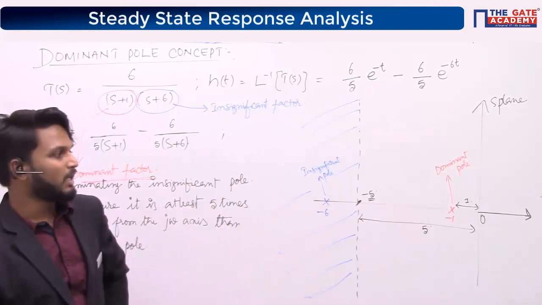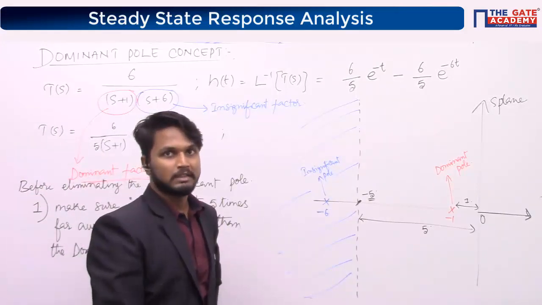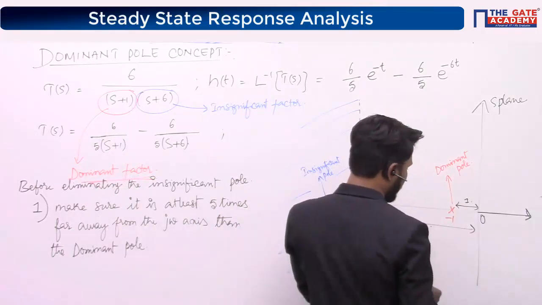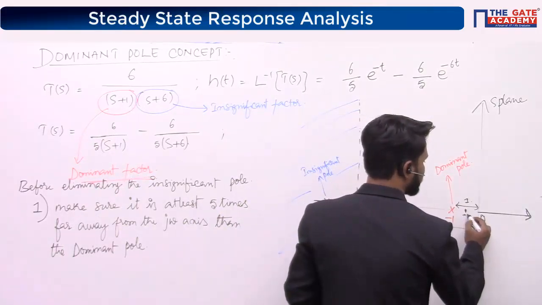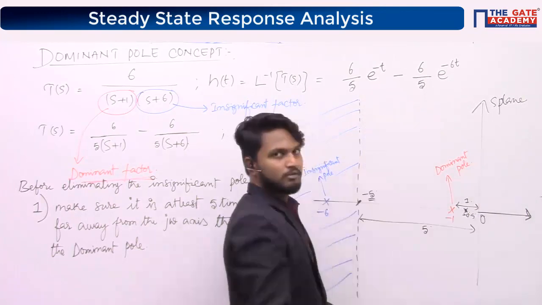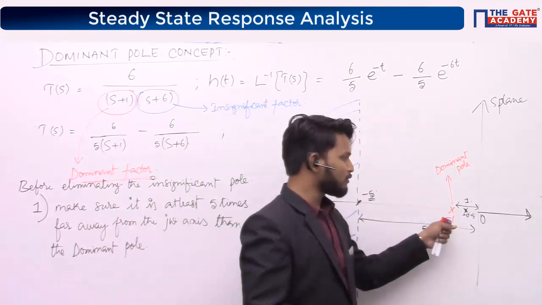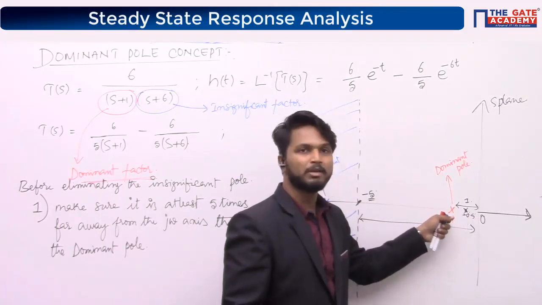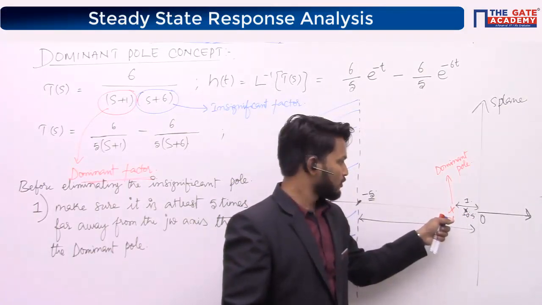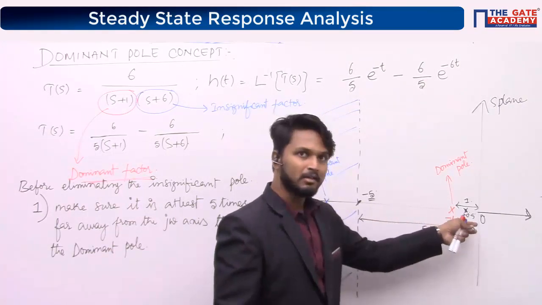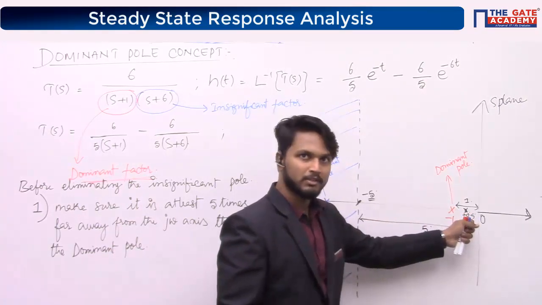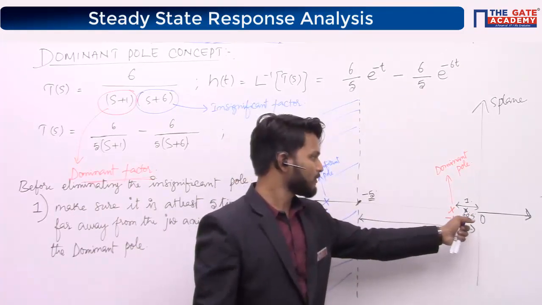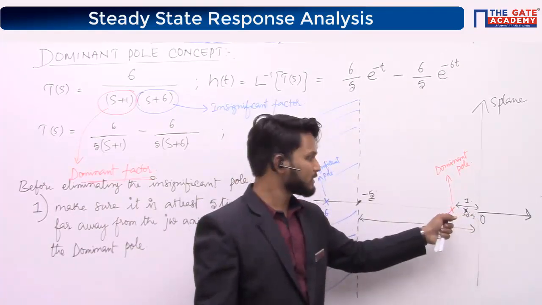If we have a pole at -0.5, let us say we have one more pole here at minus 0.5, like this. So -1 is not 5 times greater than -0.5, so you cannot eliminate -1, right? This -5 is more than 5 times far away from the 0.5, as well as -6 is more than 5 times far away from the 0.5, as well as this -1.